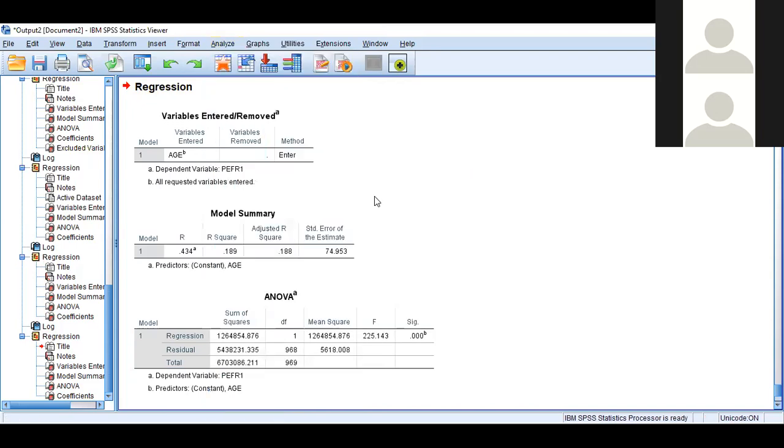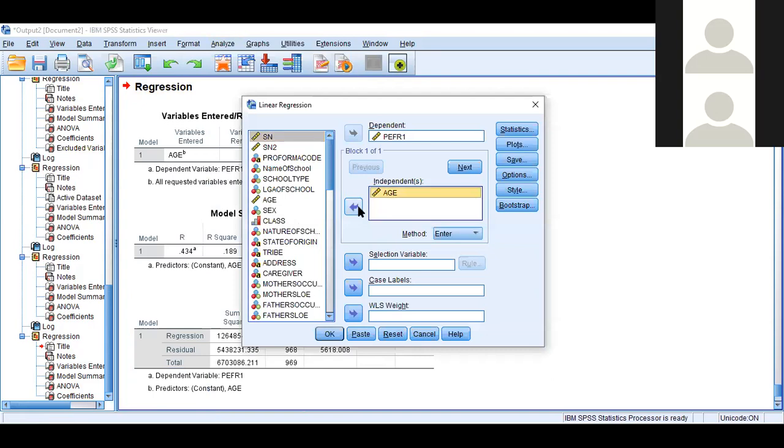I want to do sex, because sex is categorical, so it has to be coded. In the analysis, male has a higher peak expiratory flow rate, so I code male 1, female 0. Do you understand me now? If female had a higher rate, I would code female 1.